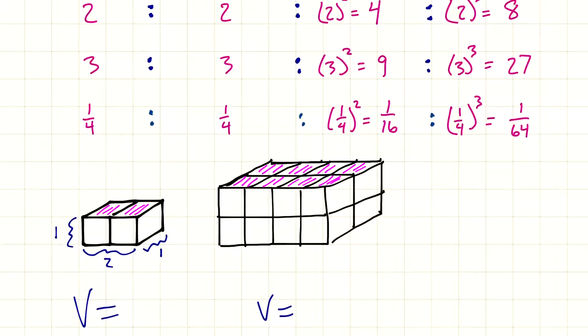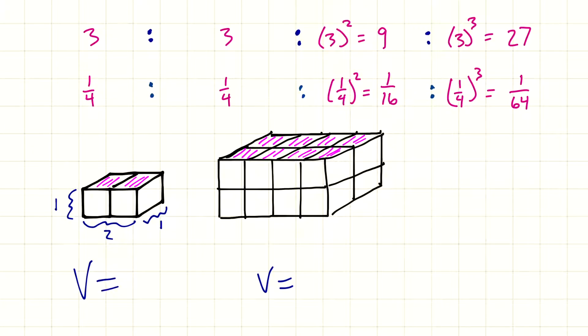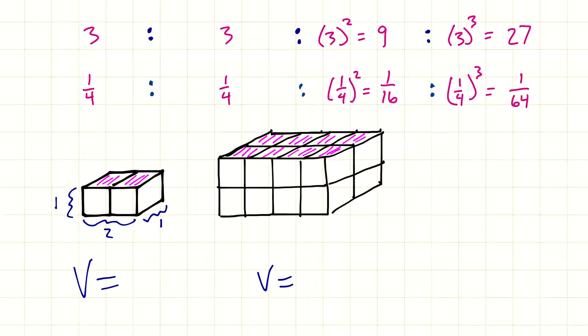And why is it that these numbers are like this? So here's an example drawn out for us. I have 2 prisms that are similar. I've written out the dimensions of the first one, where we have a height of 1, and a width of 2. The base is going to be a 2 by 1, right?